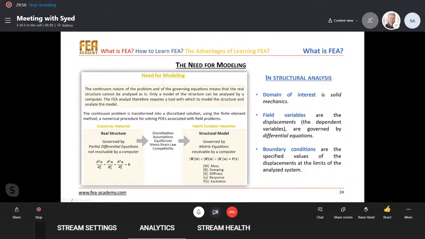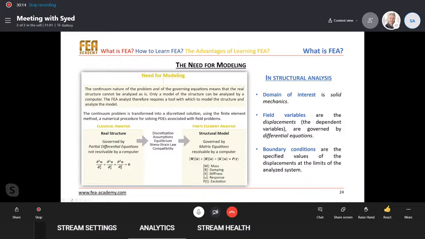The continuum nature of the problem and of the governing equations means that the real structure cannot be analyzed as is. Only a model of the structure can be analyzed by the computer. The FEA analyst, therefore, requires a tool with which to model the structure and analyze the model.